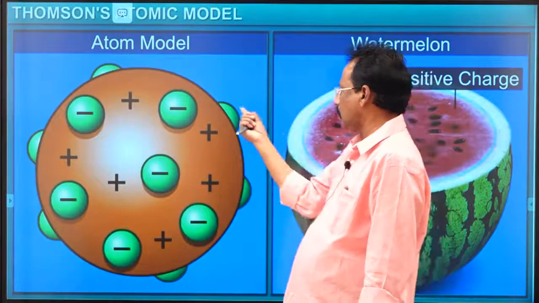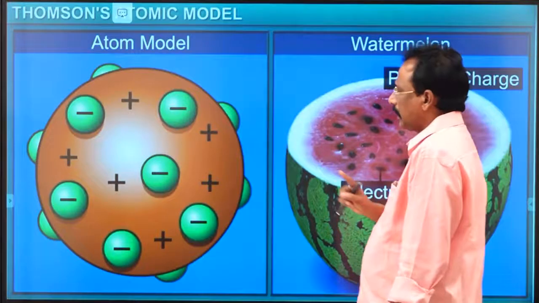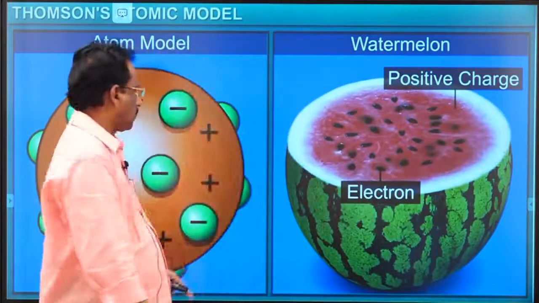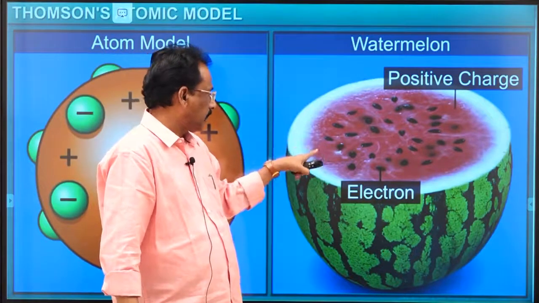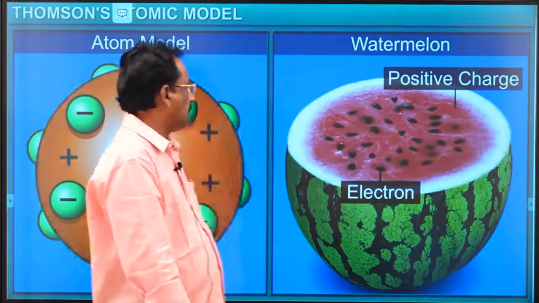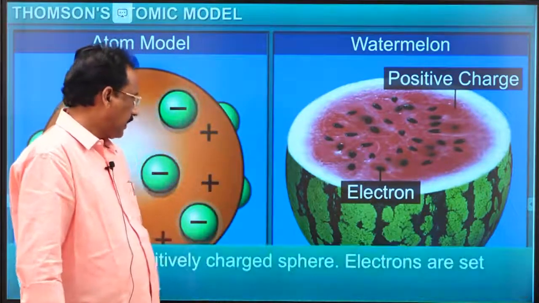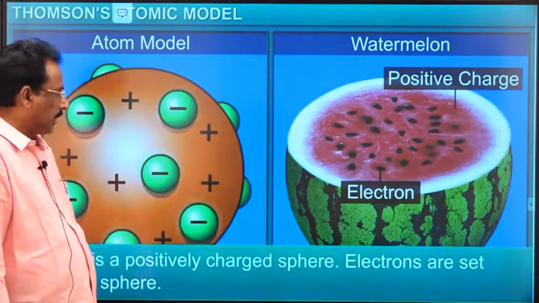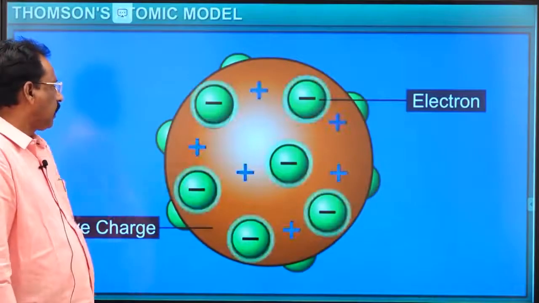That means protons are distributed uniformly throughout the spherical shape of the atom. In that positive charge, negatively charged electrons are embedded like seeds in watermelon. This red massive part indicates the positive charge. Seeds represent the electrons. That's why this atomic model is known as the watermelon model. So the atom is a positively charged sphere and the electrons are embedded like seeds in watermelon.